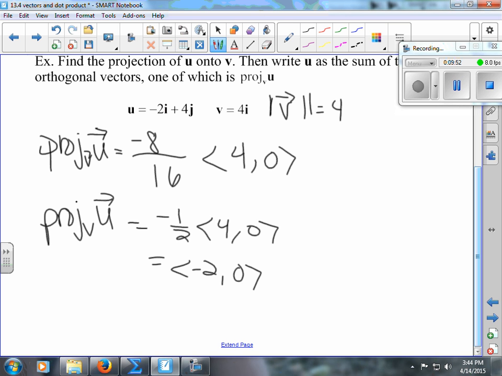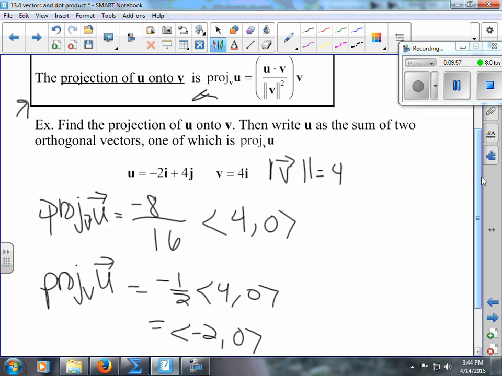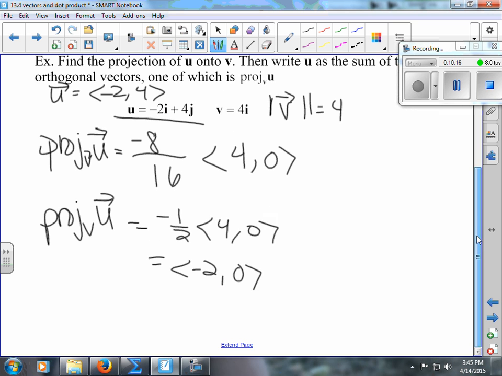And then there's one more part of this question. I am asking you to write the original vector u, which incidentally, the only time that was used was in the dot product, is to write u, which is negative 2, 4, as a sum of two vectors, one of which is this projection of u onto v. And so what is this second vector?